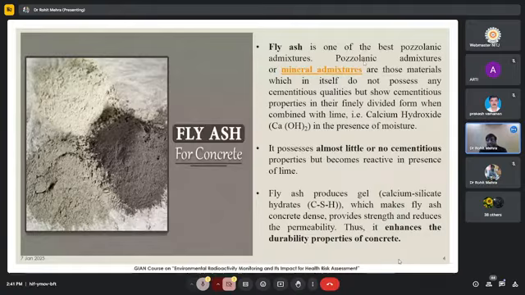Second thing, there is another property which was solved: the binding capacity of the cement, in a civil engineering aspect, got enhanced with the use of fly ash. It enhances the strength. The reason is it reduces some permeability. So the durability of the concrete also increases.